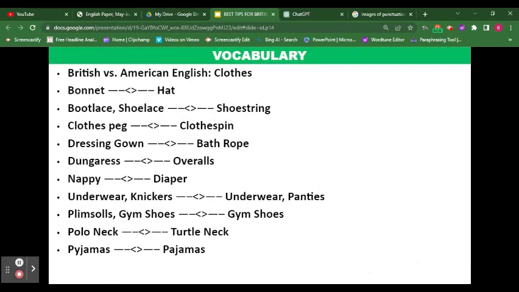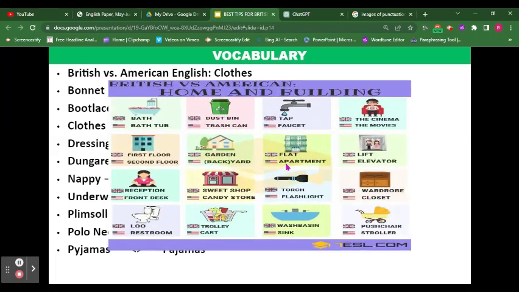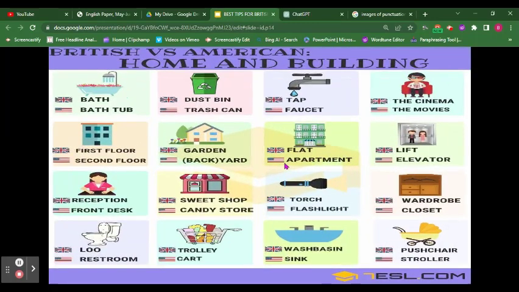Then this brings us to vocabulary, another important area where British and American English diverge. So let's start with the vocabulary differences in the area of home and building.